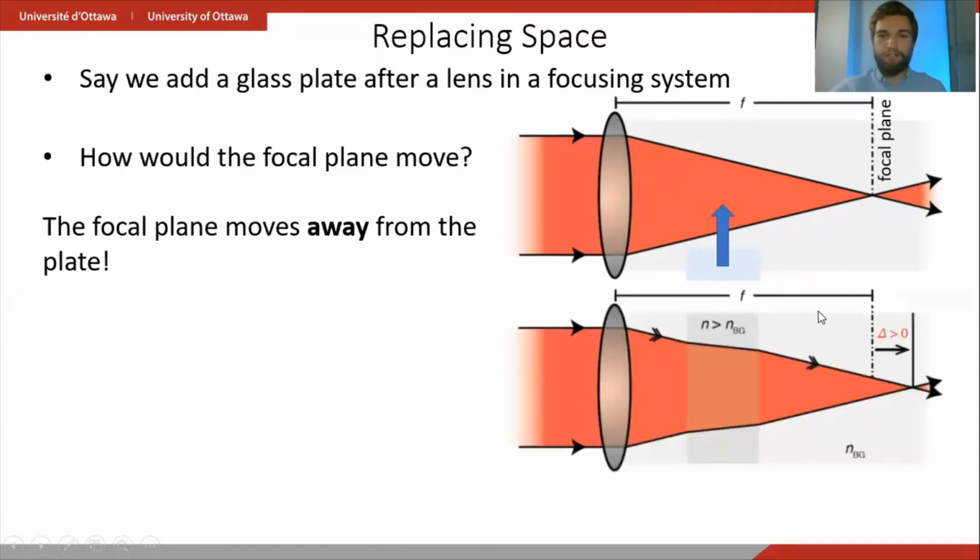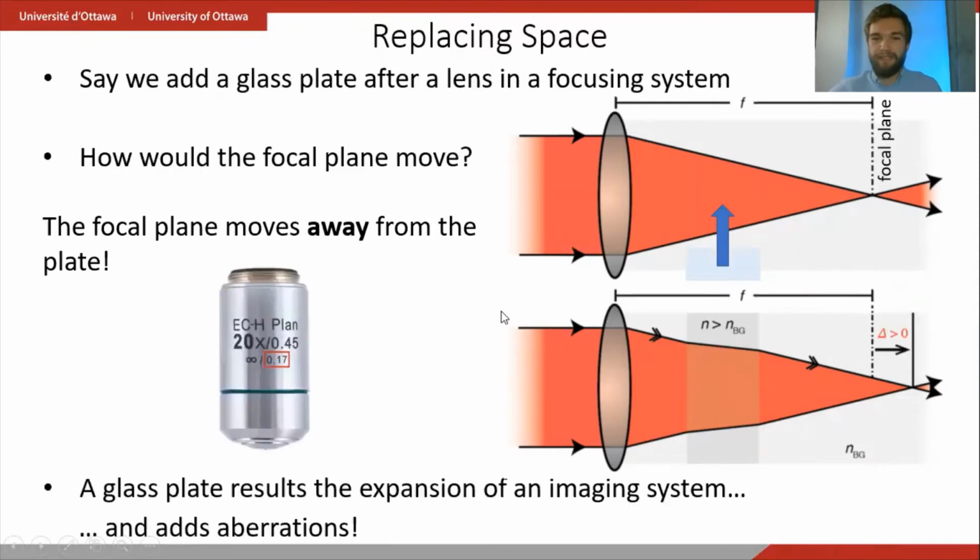Well, if we follow through Snell's law, the beam will bend towards the normal, and the focus plane shifts further away from the lens than it did without the glass plate. So this is the exact opposite of what we are looking for in a spaceplate. So in essence it has expanded the system, and in addition, it's added aberrations.